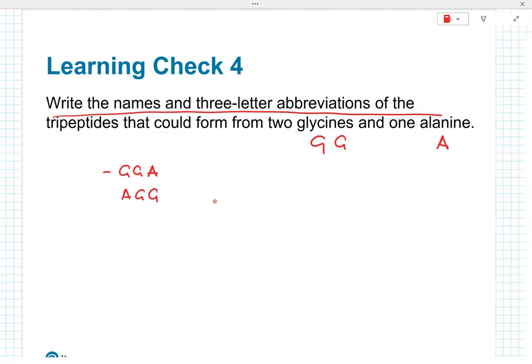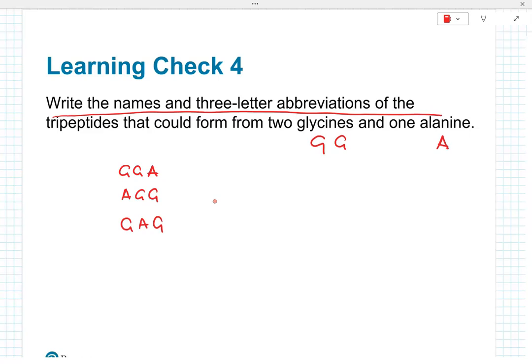So if it was GGA, is that glycylalanine? Yes, because this is the N terminus, right? You see what I'm saying? And this is the C terminus. Would you ever be able to put diglycylalanine? Yes, you can. Usually we do glycylglycyl to avoid confusion, like, are they somehow connected in a different way?